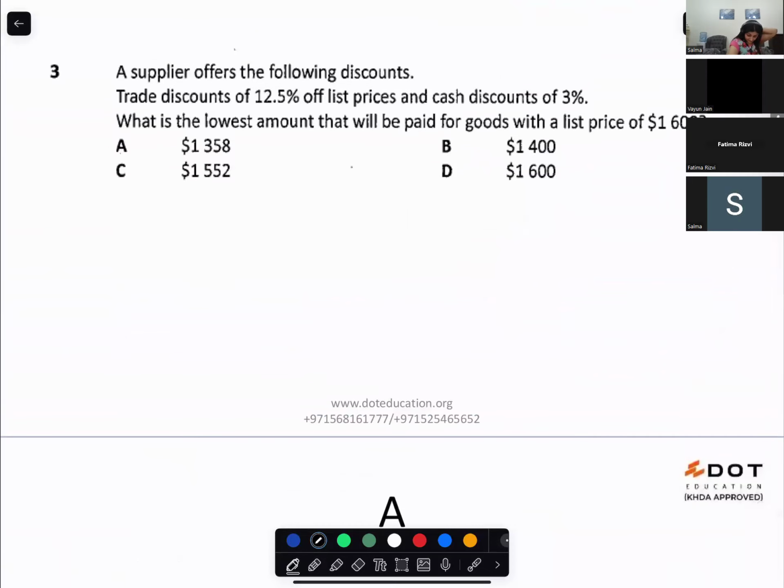Come on. A supplier offers the following discounts: trade discount of 12.5% of list prices and cash discount of 3%. What is the lowest amount that will be paid for goods with a list price of 1,600? Okay. Do you know the format of list price minus discount?